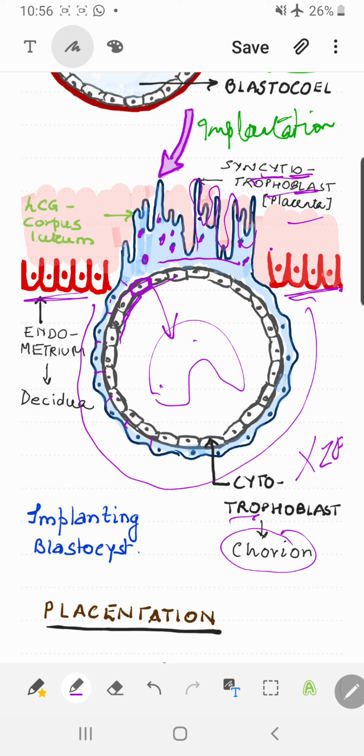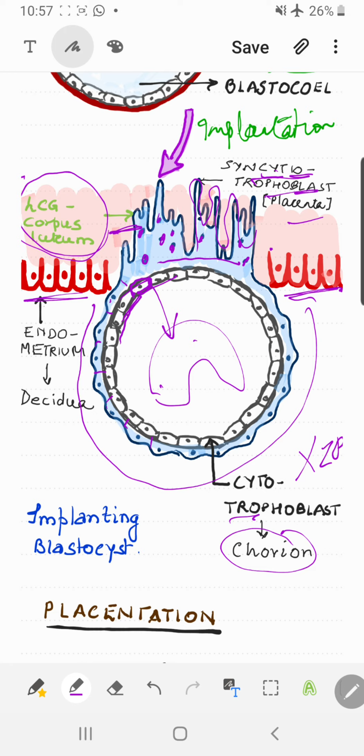Since the outer syncytiotrophoblast is going to form the future villi, the future placenta, this is to be discussed now. I have used this word in class 11th many times, even in class 10th. HCG is human chorionic gonadotropin. Right, children? And HCG is secreted.